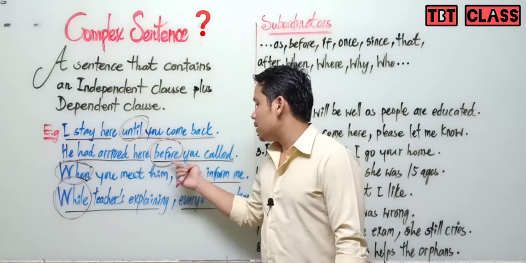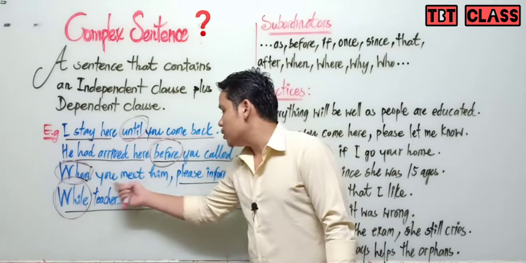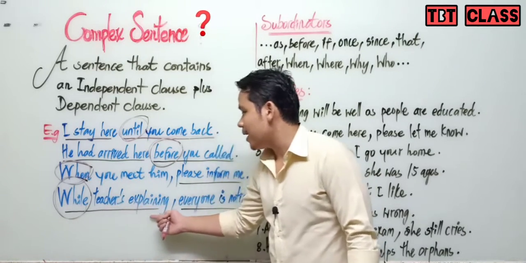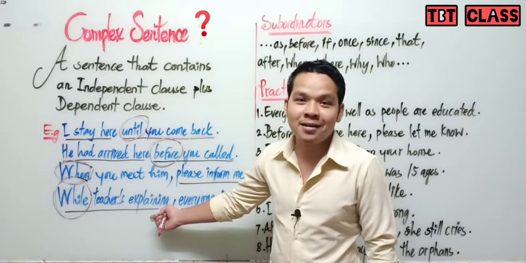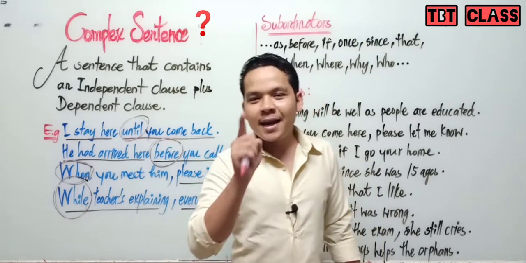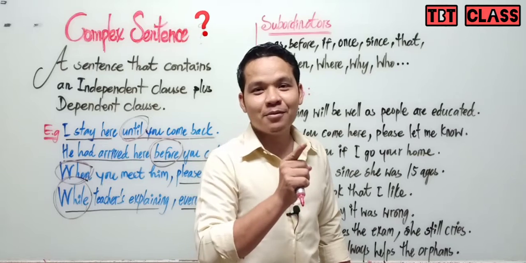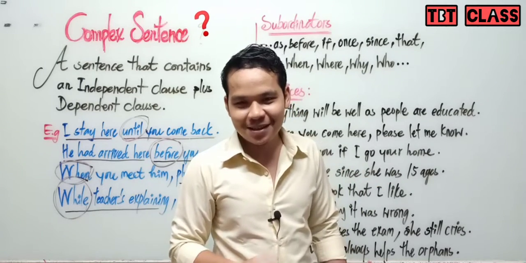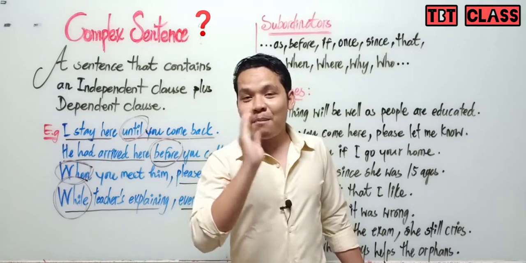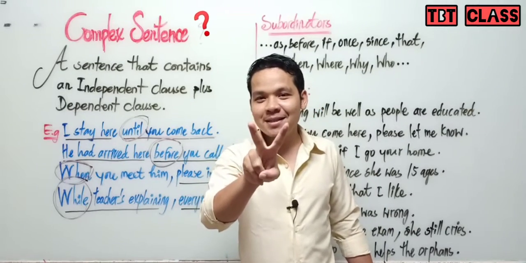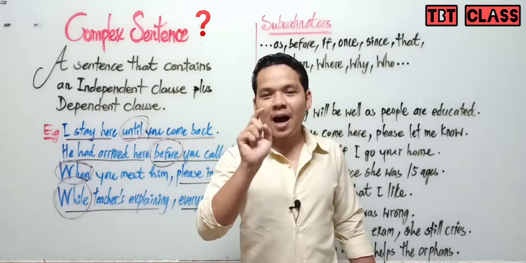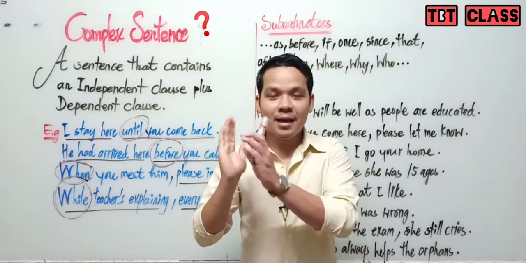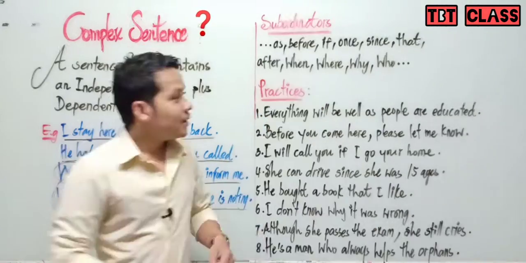Until you come back, before you called, when you meet him, while the teacher is explaining, all of these are dependent clauses. So an independent clause plus a dependent clause becomes a complex sentence. In a complex sentence, two clauses are combined as an independent clause and a dependent clause.